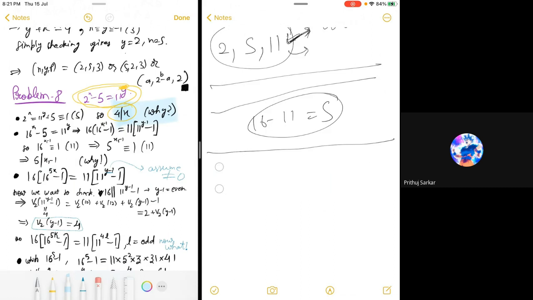So what can be true for this to happen? Basically if 4 is the order of 2 modulo 5, that would directly mean 4 divides x, right?